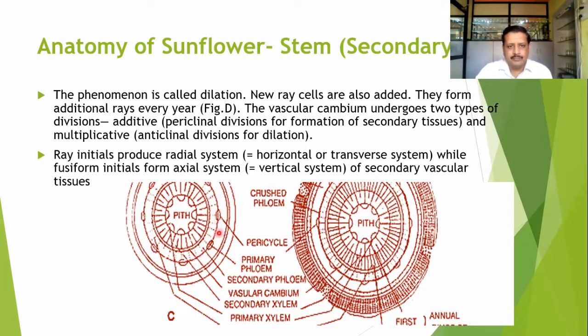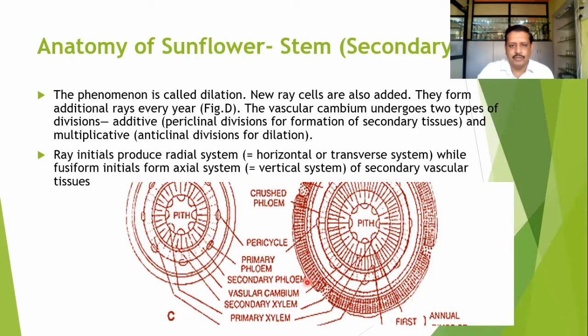This is the innermost ring, the pericycle. Then within the pericycle, what do we see developed here? These are the primary phloem patches. Now these primary phloem patches and this secondary tissue appear modified here. Here you can find the primary phloem patches going gradually to the outer side, and here at the center on the inner side there are the xylem elements, and this complete ring is of the secondary phloem.